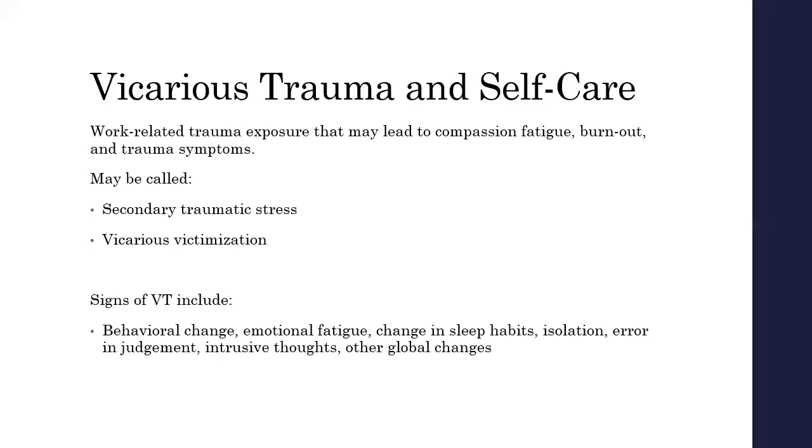Vicarious trauma, you may often also know it as secondary traumatic stress or vicarious victimization. We think about vicarious trauma on ourselves as experiencing the same symptoms as our clients. But in an agency, vicarious trauma can also occur when the agency doesn't support the client or the people who work with clients, and therefore people who work with clients may be more susceptible to experiencing burnout.